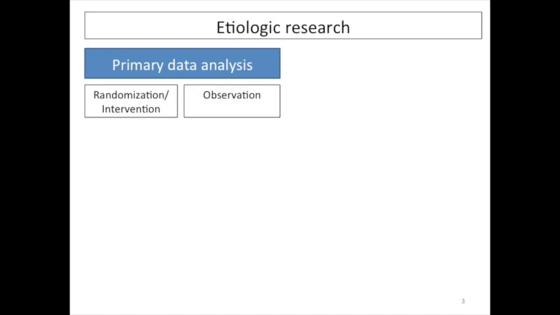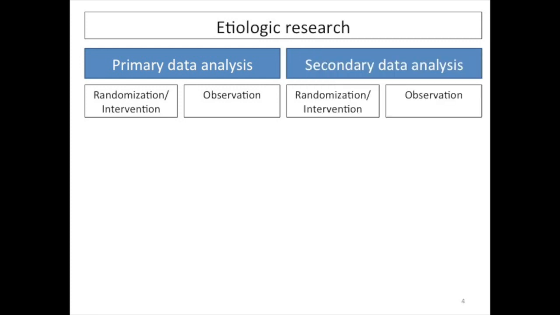So to summarize what we have discussed thus far, we may divide primary data analysis into data that have been collected by randomization and intervention, and data that have been collected by observation. Once these data are collected, we may just as well perform some secondary analysis with a totally different research question than what we had in mind in the first place.